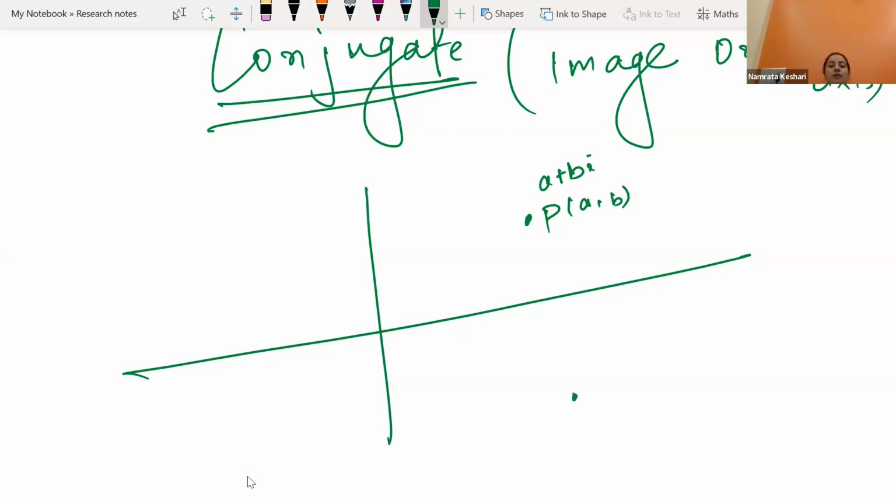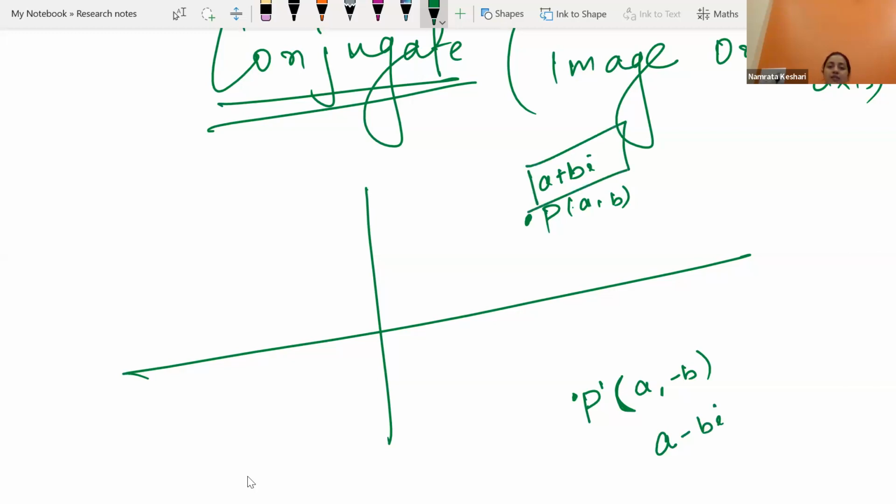That point you can call P dash. Here you can understand the x coordinate will not change, but y will be the same with a negative sign. So a plus ib, or a plus bi, just changes to a minus bi.